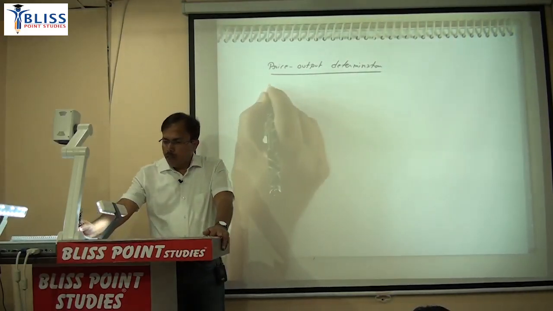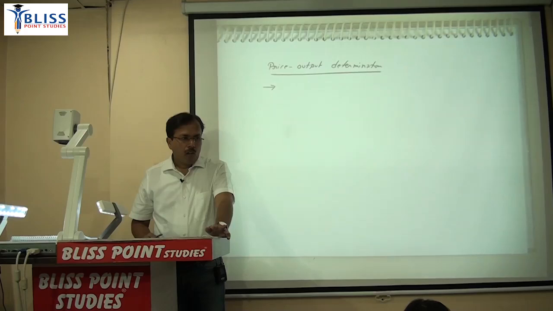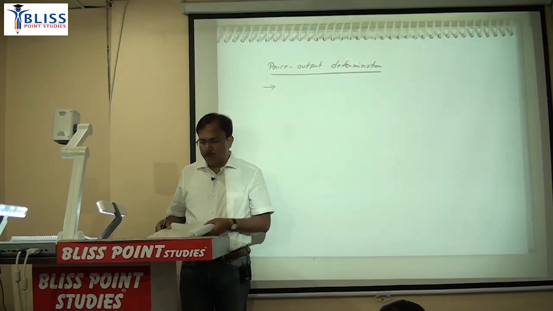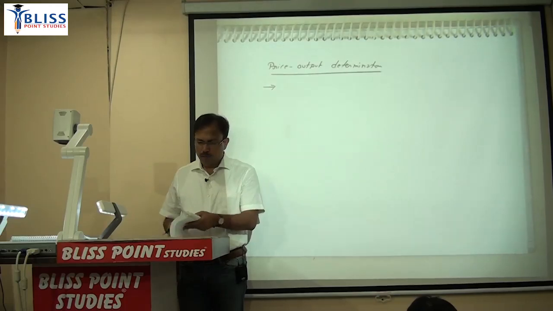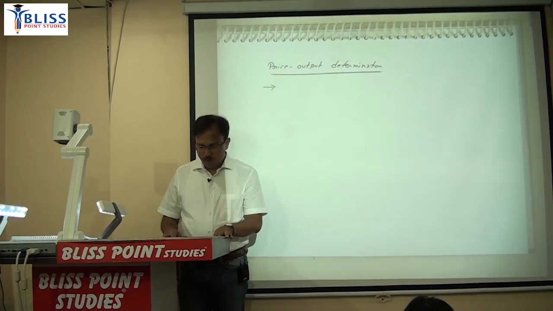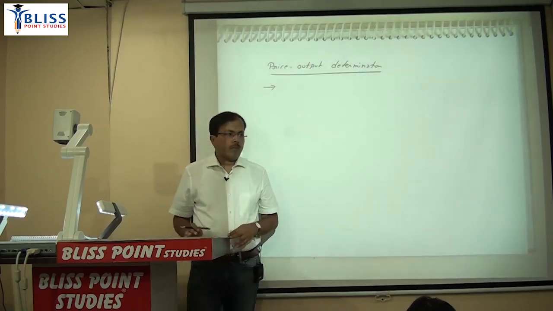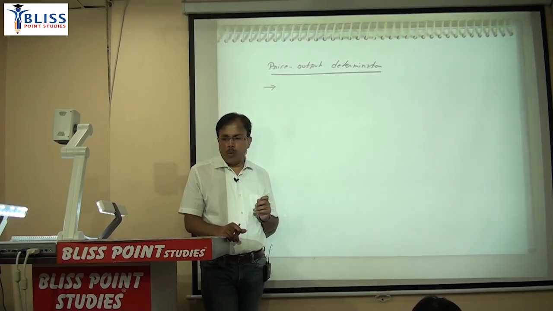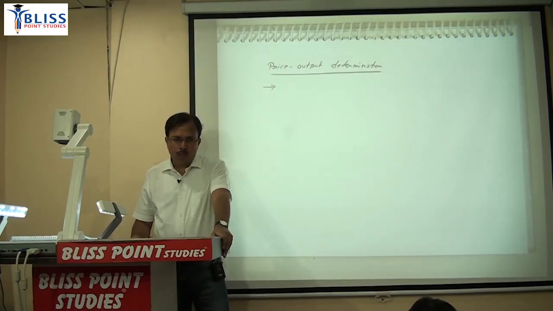Write in the first paragraph: The firm is in equilibrium when it maximizes its profit, which is defined as the difference between total revenue and total cost.